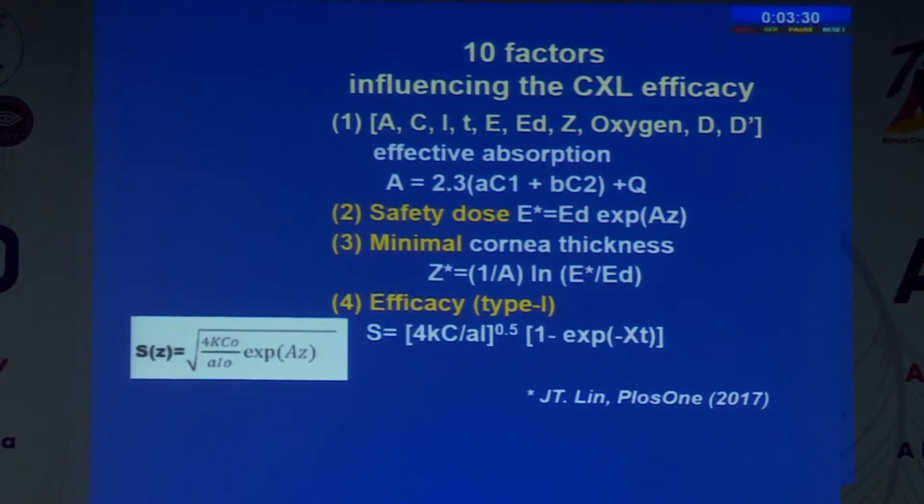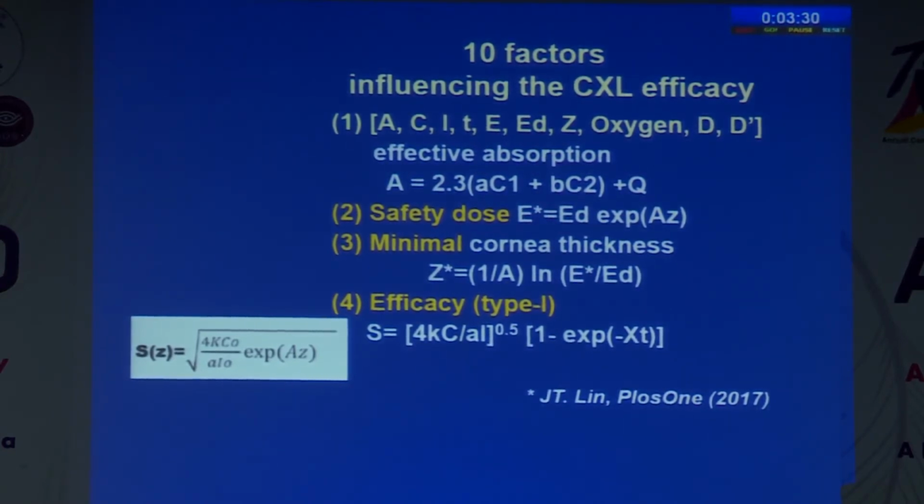Now the safety dose was defined by the 400 micron minimum that everybody talks about, which is no longer true. As you know, there are many published papers that go all the way down to about 220 or 250 micron, still safe. So the 400 micron minimum corneal depth plus 5.4 maximum dose is no longer true.